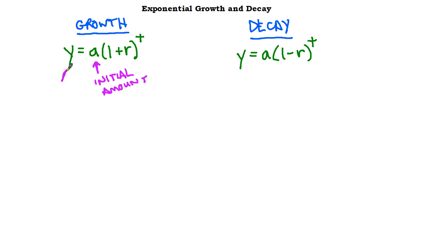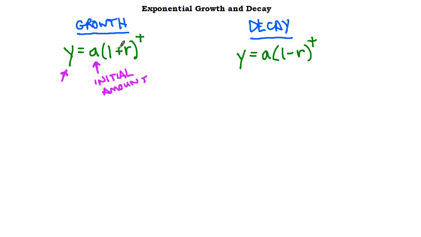So if this is the amount when t equals 0, and this is the initial amount, you might be asking yourself the question, initial amount of what?